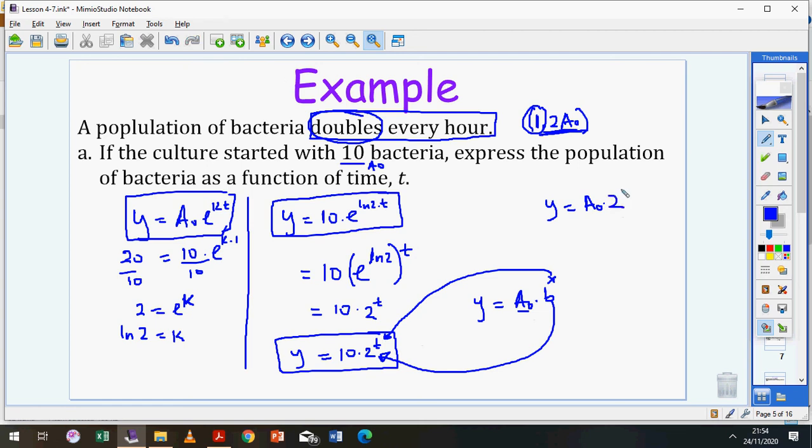So since I've been given the initial value, then I'll just have 10 times 2 to the power t. What I'm trying to say is that we could have gone straight here after knowing all of that information without having to go through this. But like I said, it's more convenient if this growth factor has been given as a clear-cut rate like double, triple, quadruple, etc.